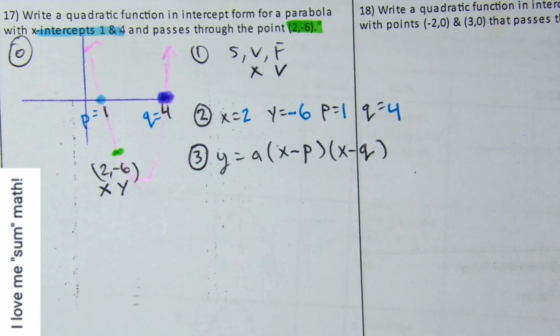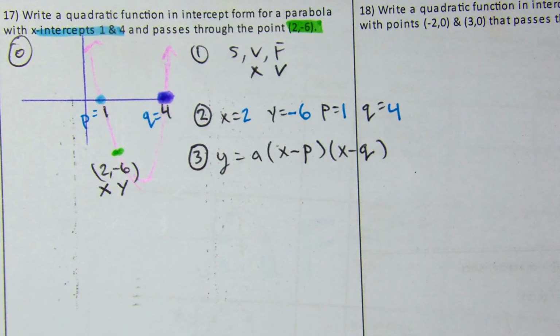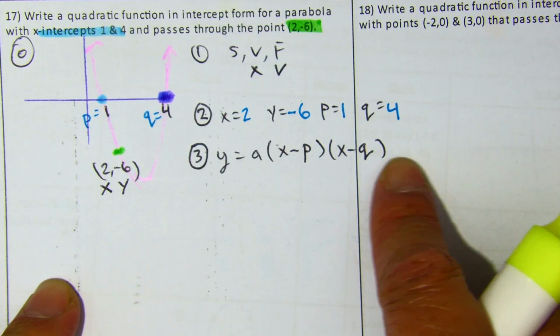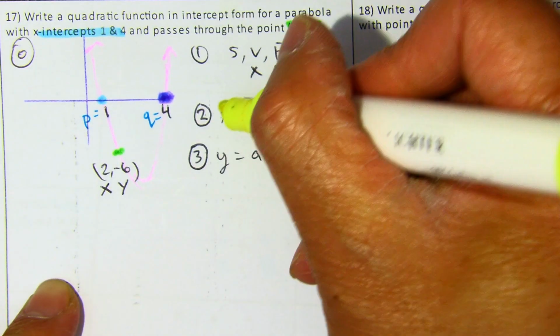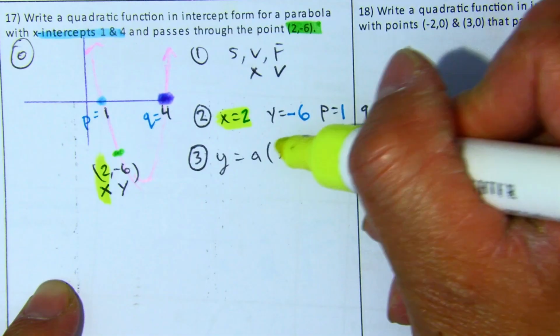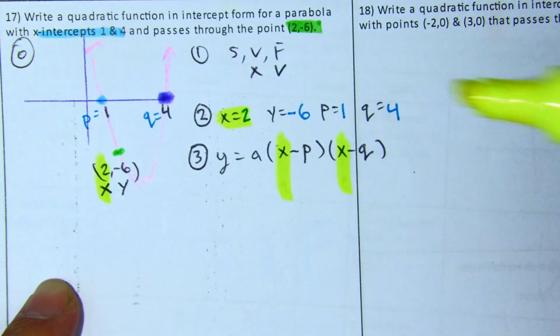Let's have a highlighting party now. And I want to start off with the most difficult part of writing an equation in factored form. How many x's do you have? 2. So the x, that's 2, you're going to put here and here. It's the same number.